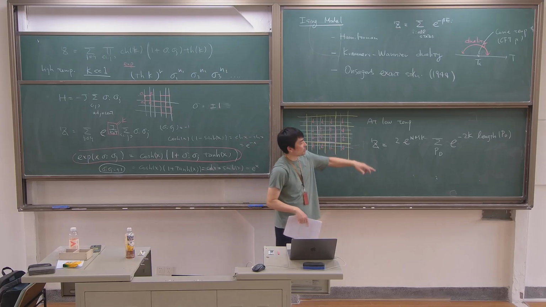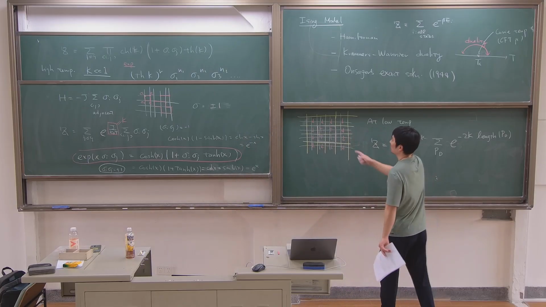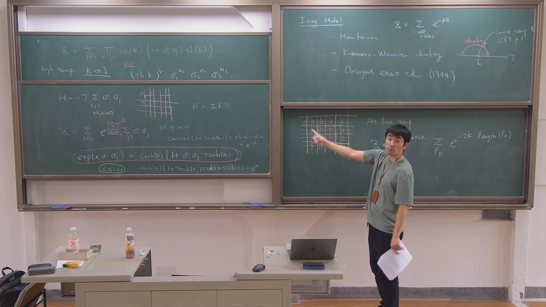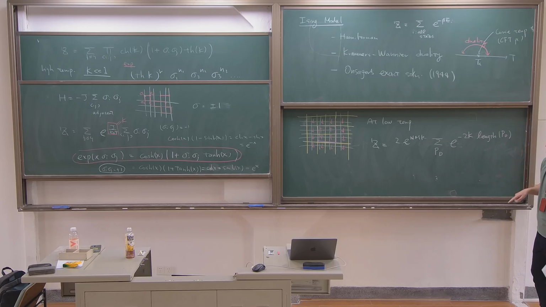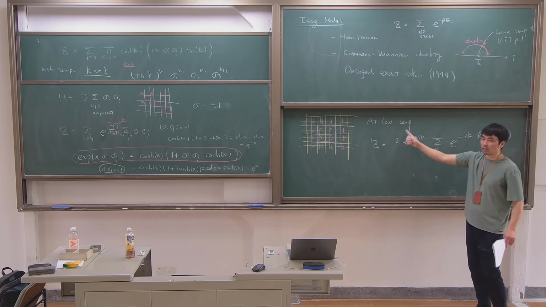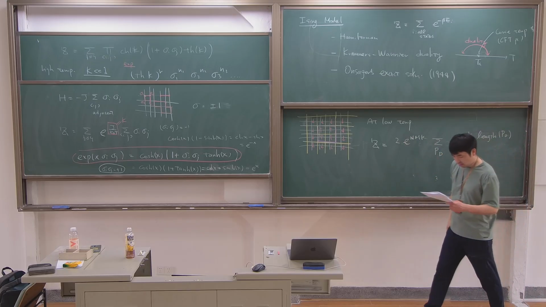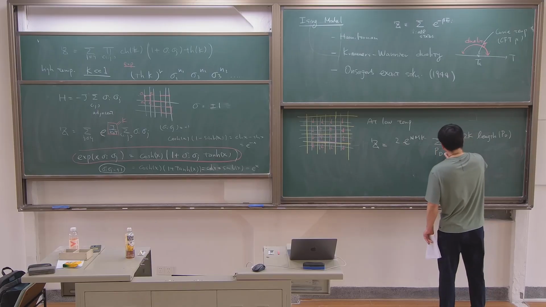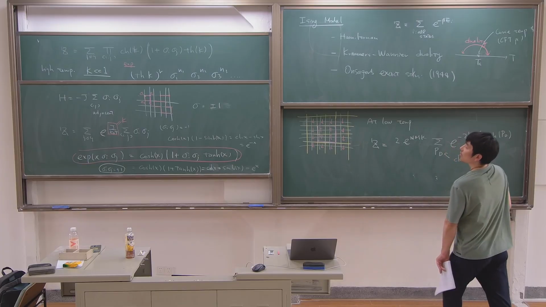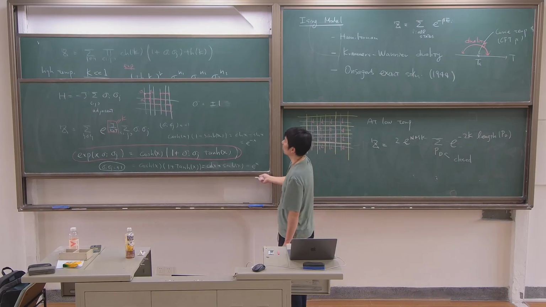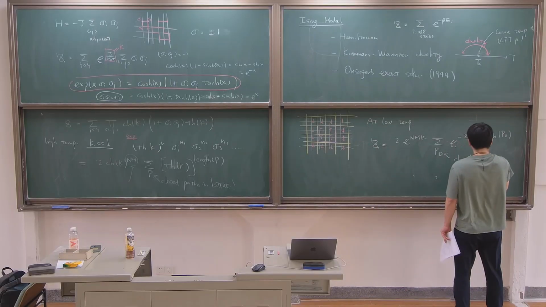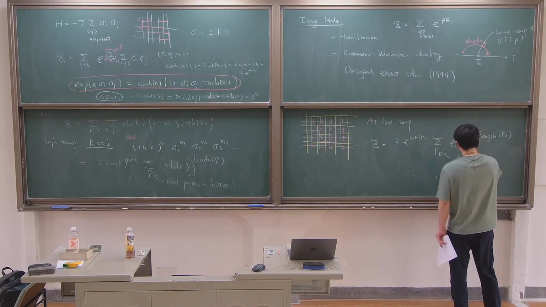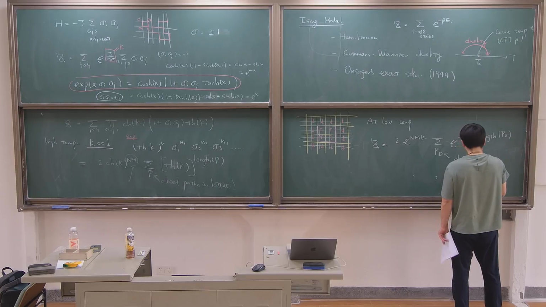So in the low temperature regime, we just sum over the length of this purple path, which gives e to the negative 2K times the length. The overall normalization is not so important. P_D is a closed loop, or closed path, in the dual lattice.